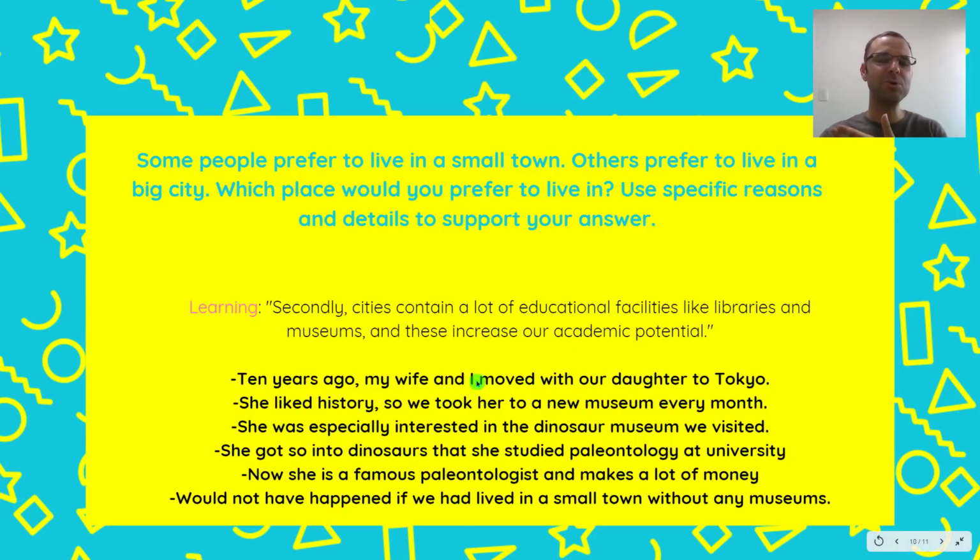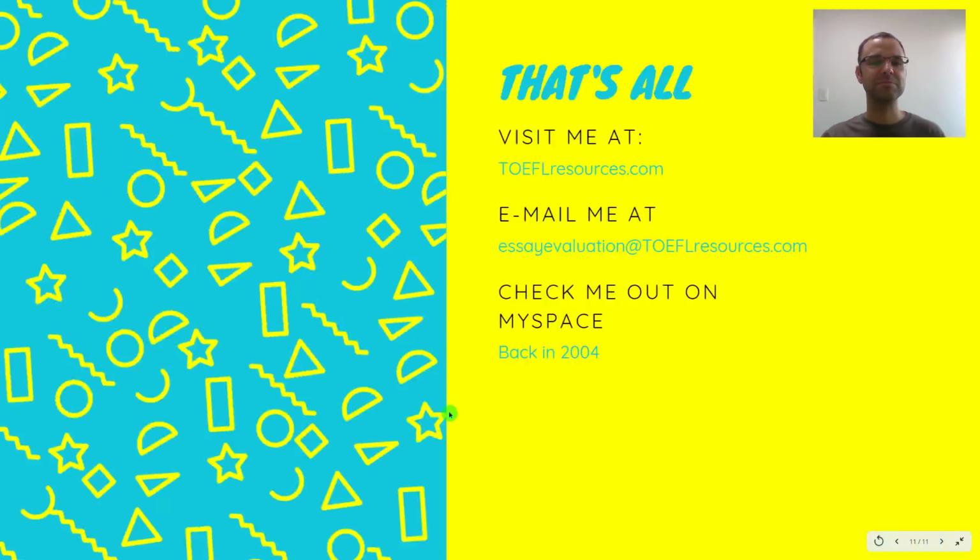And I simply told a little story about how I lived with my family in a city. I went to libraries and museums, and this increased the academic potential of my daughter. That's all I had to do. I started it, by the way, by saying it was 10 years ago. And then I said, this would not have happened if I had lived in a small town. And I think I'm going to leave it at that.